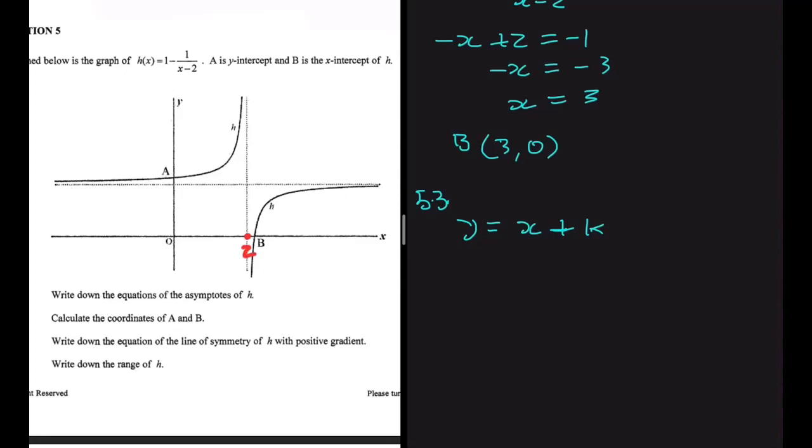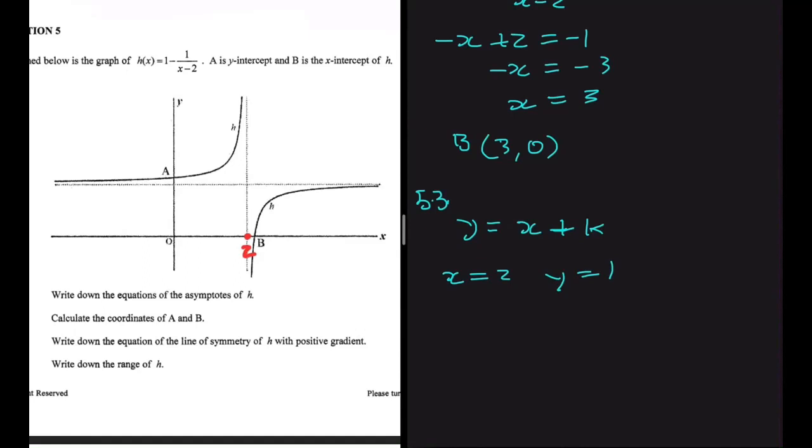But we don't just substitute any point on the graph. We don't even substitute a point on the graph. We substitute the asymptotes. We know that we have x is equal to 2 and y is equal to 1 as our asymptotes, right? This is what we substitute when we want to find the equation of the line of symmetry.